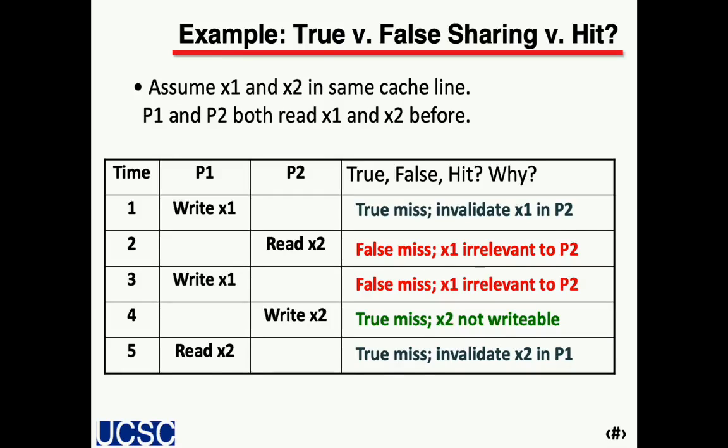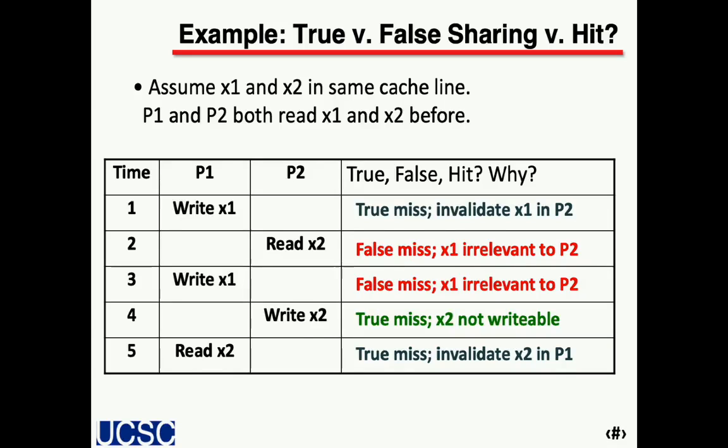We only care about X2. So coming out of step 2, both caches are in the S state. And now for time 3, P1 is going to request X1. So that's going to trigger P1 to go to M.